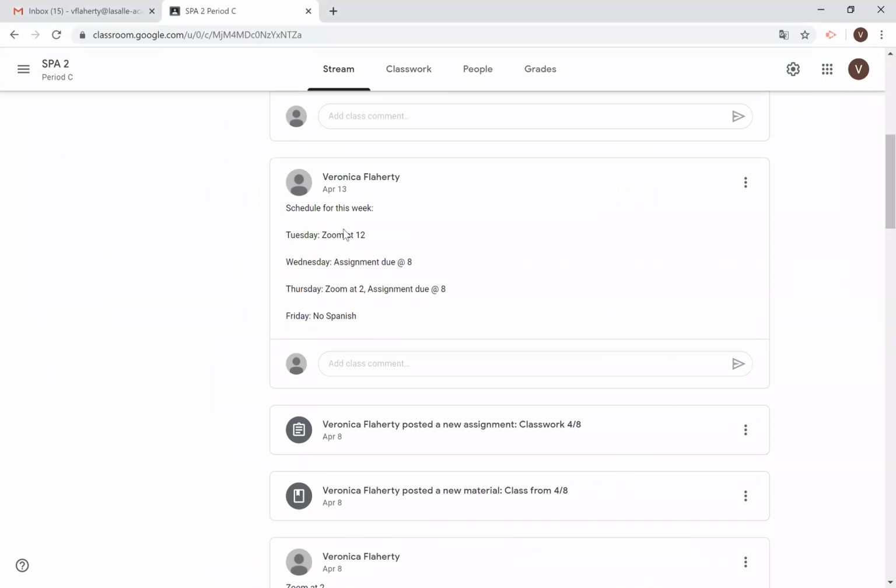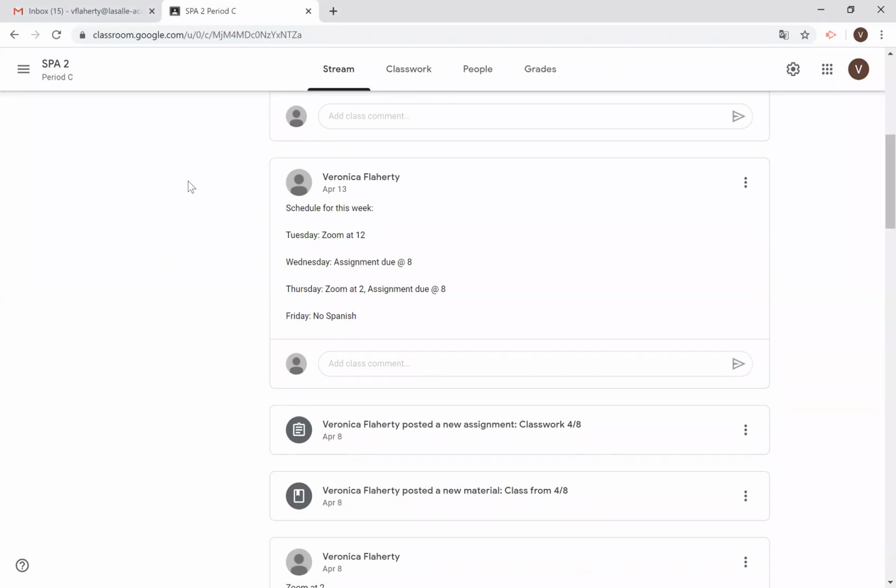So today we had our Zoom. You don't have an assignment today. It's not due till tomorrow at 8 p.m. I'm still going to post it today for anyone who wants to start it early, but it's not due until tomorrow at 8 p.m. On Thursday, we're going to have another Zoom with an assignment due that day because we drop on Friday. Okay?